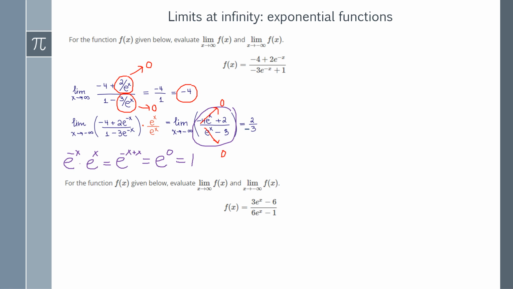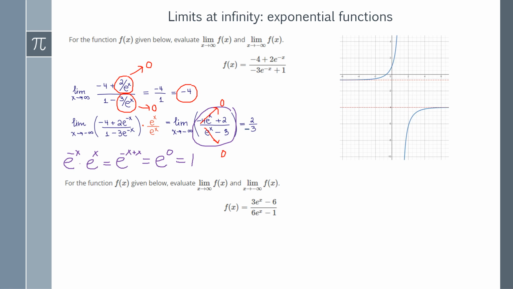Now I'm going to use Desmos to confirm this result. I'm graphing my function f, and I also graphed two horizontal asymptotes. First, y equals negative 2 over 3. That's this asymptote right here, and notice that my left branch goes to this asymptote as x goes to negative infinity.